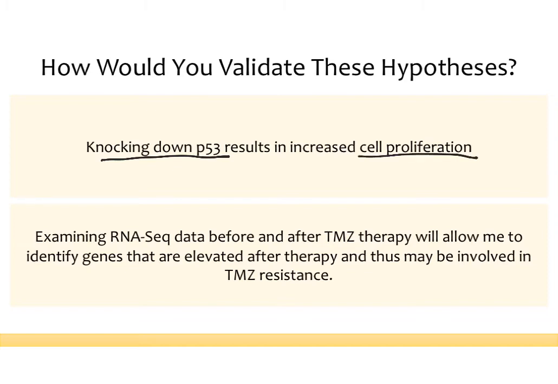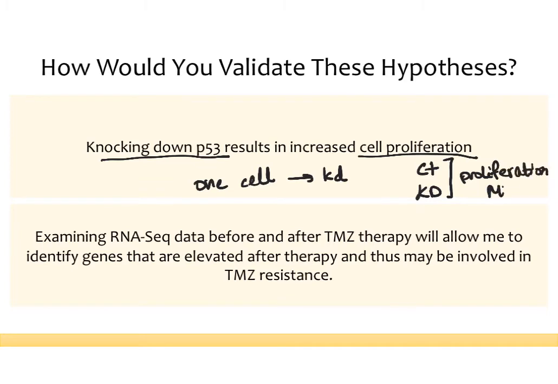So we would probably take one cell line to start with. We would knock down p53 in that cell line, and then we would take control and knockdown and compare proliferation, likely using an MTT assay, because we've talked about that and we know we have it in the lab. So that would be a very simple experiment to check this hypothesis.